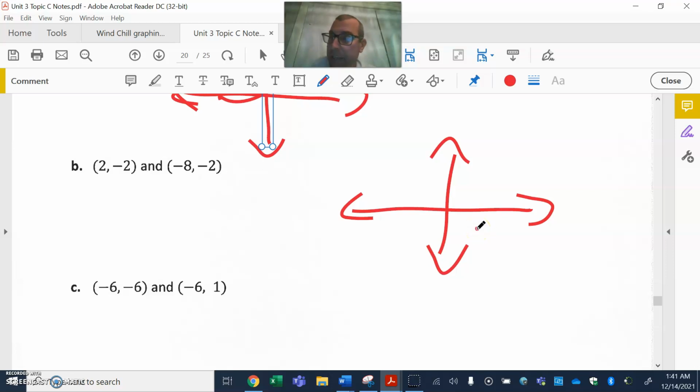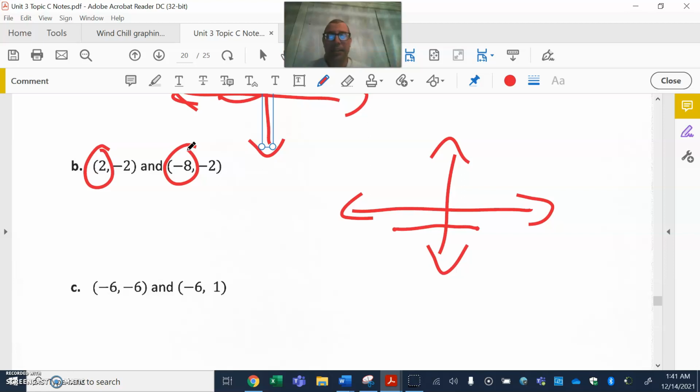Now I've got the ordered pair -8, -2. This time I'm going to go to the left to -8, and we're also going to go down 2. Then I can connect the two of them. Now you can see we've made a horizontal line. Because it's a horizontal line, like the x-axis, we're going to use the x coordinates. I'm trying to get from a 2 all the way to a -8.